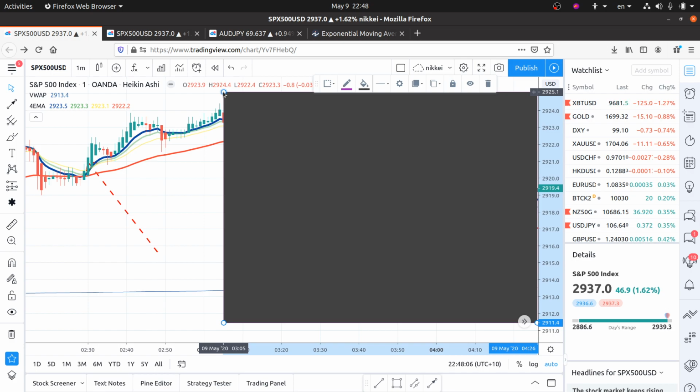Here we can see the blue line moving downwards, and then it takes a dramatic step. It's heading towards the 55-day average. So this is quite dangerous.